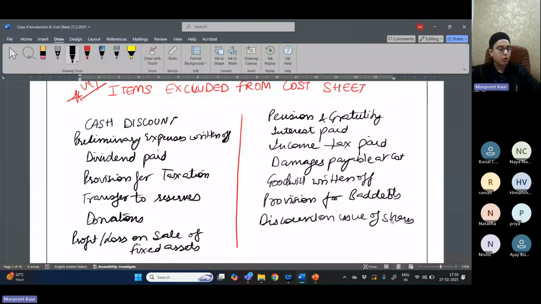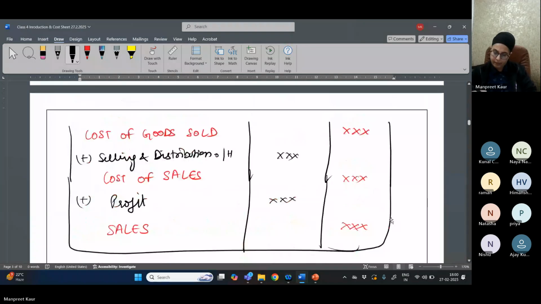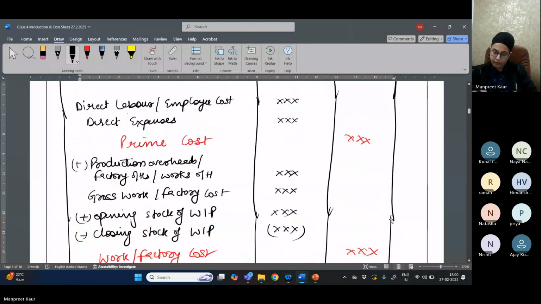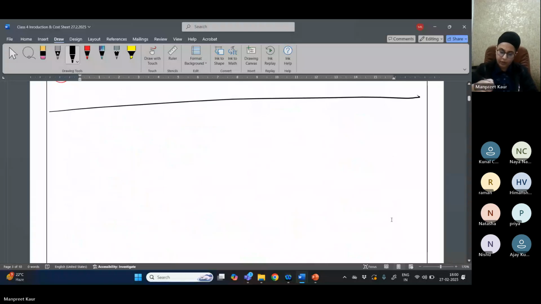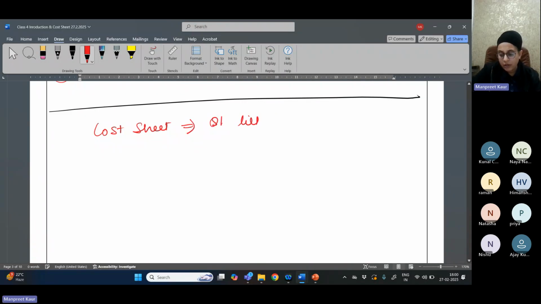How to prepare the cost sheet. In cost sheet, there are 11 questions in your module, question number 1 till question number 11. All are very, very important.